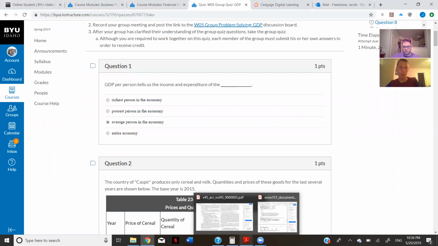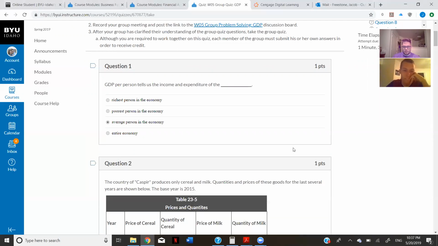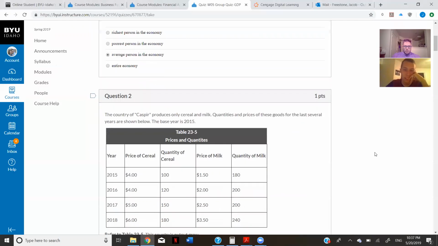Okay, sorry, what was the first one? So the first one is GDP per person, which is C, right? Average person in the economy. Right? Yeah. Okay.